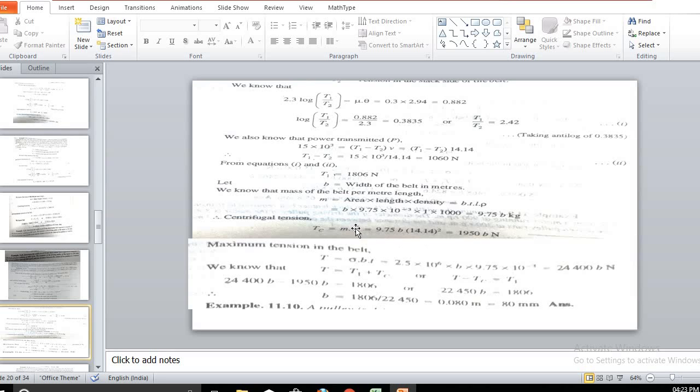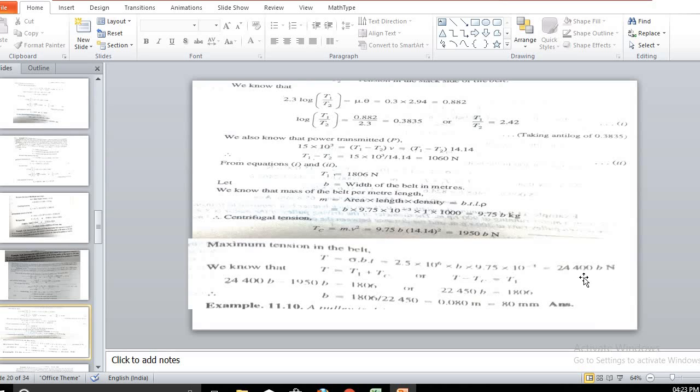In terms of kg. Now the width is not known to you, so mass comes in terms of width b. So Tc is given as mass times v square. T is considered as sigma b t. Sigma is known to you, 2.5 into 10 raised to 6 into b into t, 9.75 into 10 raised to minus 3, which are given to you.